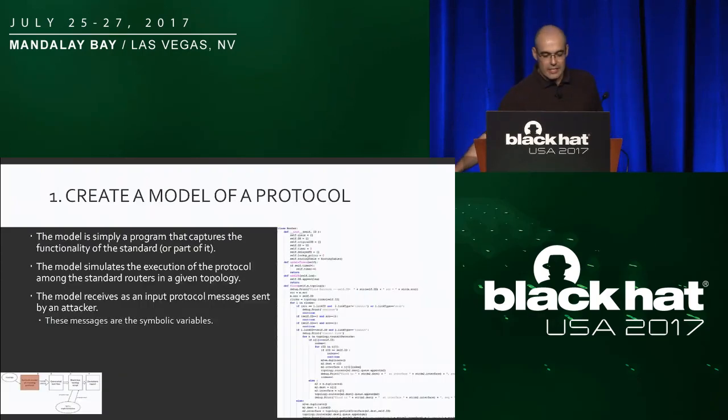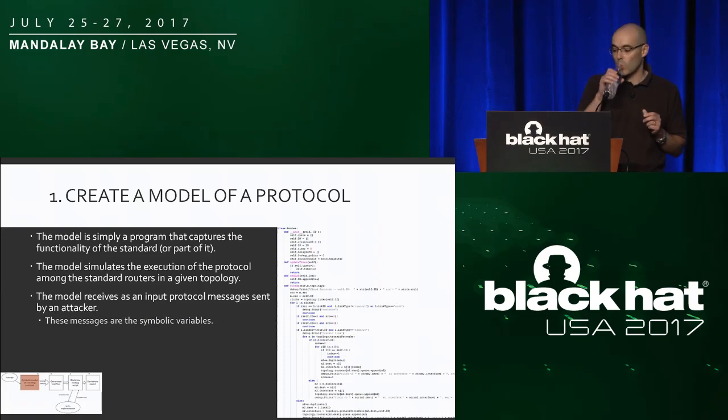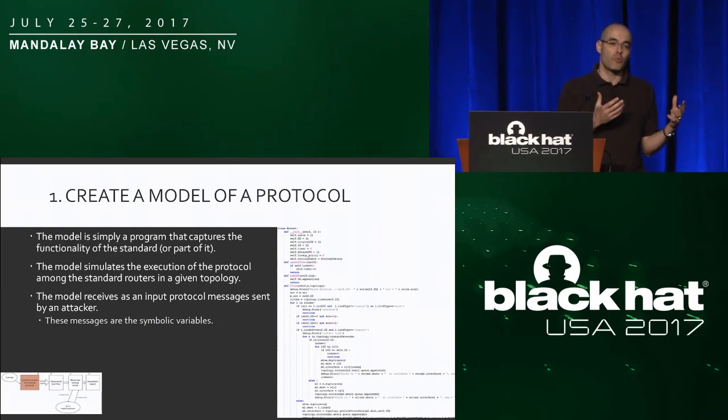Okay, so let's now talk about the first phase of our method, creating the model for the protocol. A network model is a fancy word just to describe a program that captures the standard functionality of the network protocol in a given network topology.